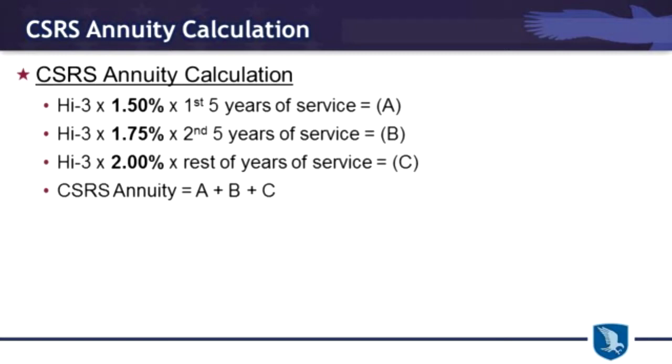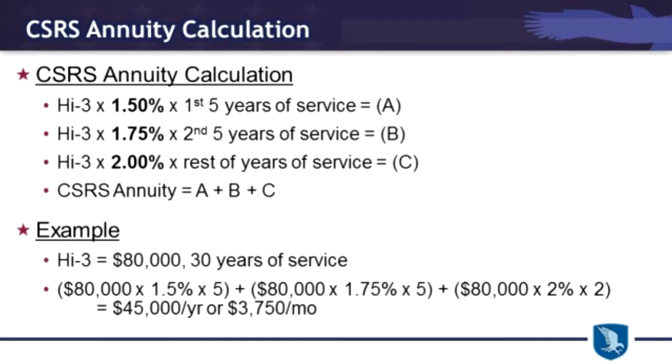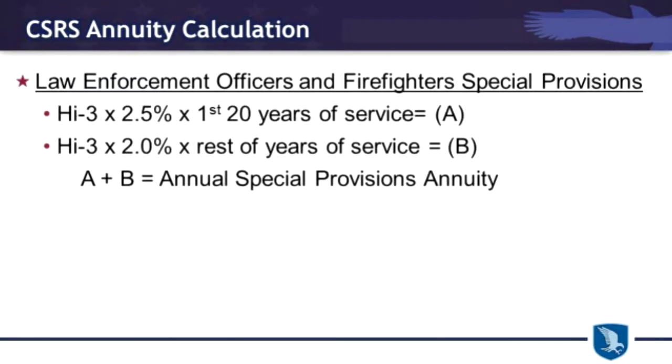Adding those three together and seeing the example here of an employee that made $80,000, you would see that an annual annuity in this case is $45,000 a year. Divide that by 12 and you will get what your monthly pension is. Remember, for law enforcement, special provisions employees, the calculation is a bit different.